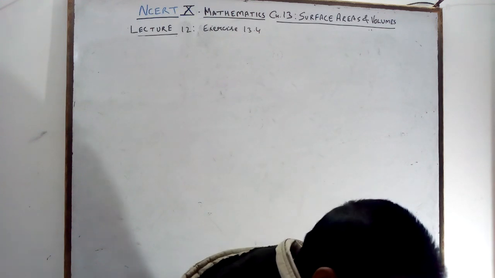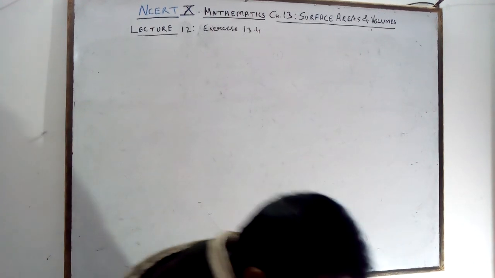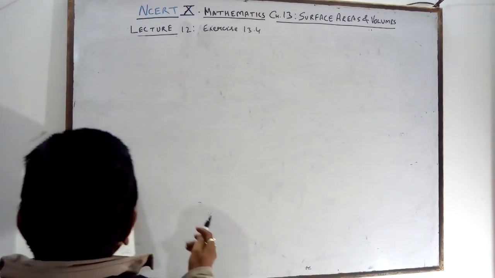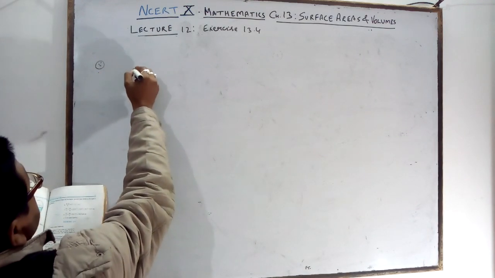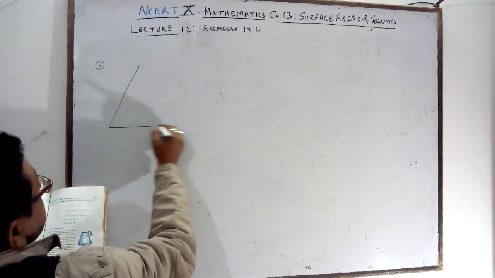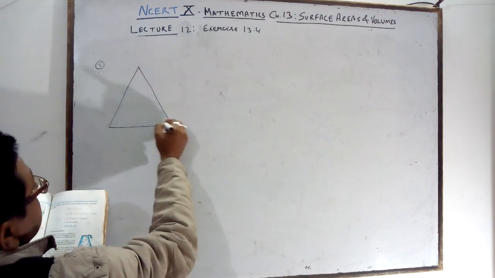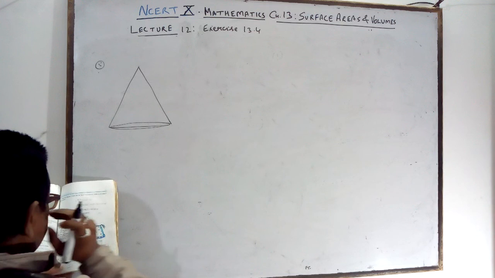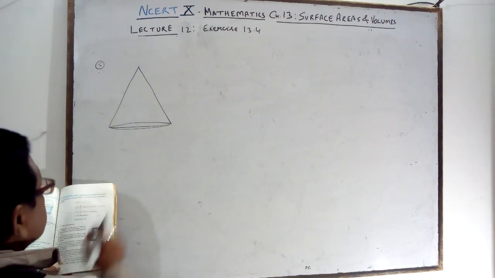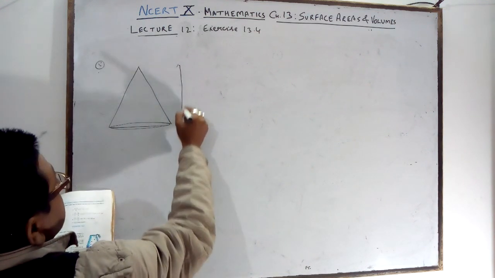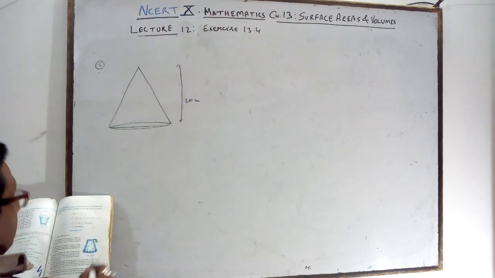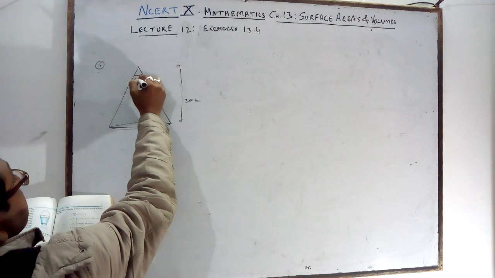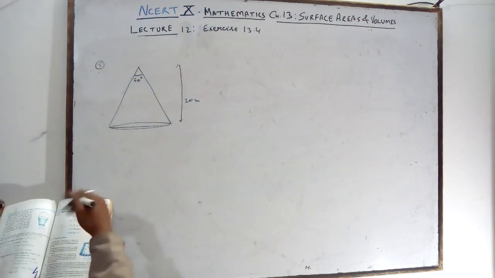In question number 5, it is given a metallic right circular cone of height 20 centimeter, whose vertical angle is 60 degree. It is an isosceles triangle.